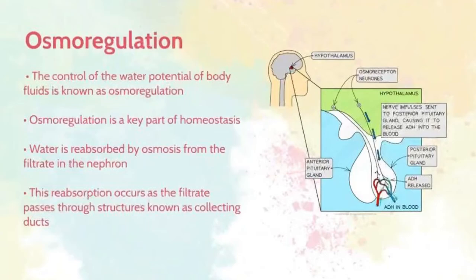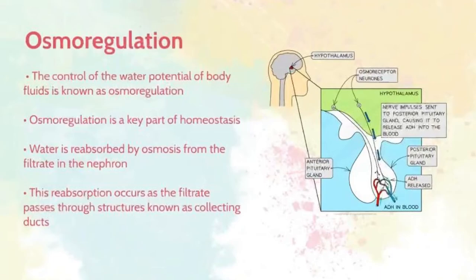When this happens, ADH molecules enter the blood and travel throughout the body. And ADH causes the kidneys to reabsorb more water. So what we're getting here is the brain communicating with the kidneys to say, we need more water, you need to reabsorb more water. And this results in reduced loss of water in the urine by the kidneys.